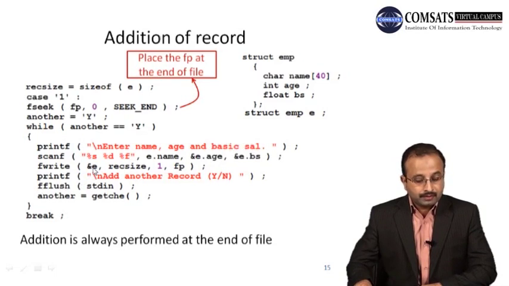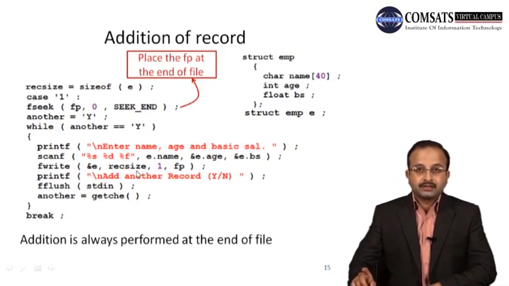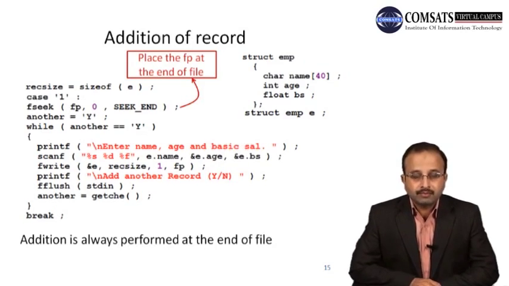This function will read the content from the memory address in the first parameter, how many bytes to read, rec size bytes, how many blocks of rec size bytes will be read, one block, and where to write it, in fp. So it reads one record and writes it in fp. How many bytes will it write in fp? 80 bytes. Then the file pointer points to the end of the file, that is at the end of the record you input.